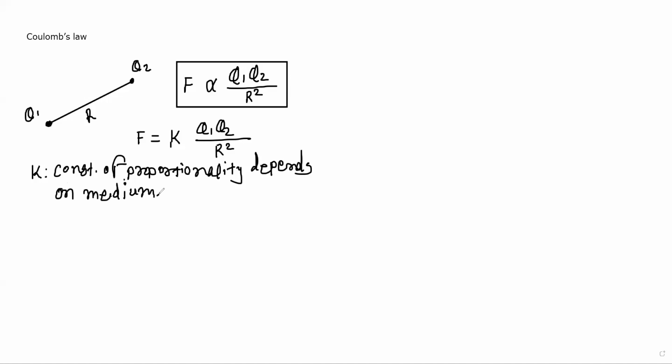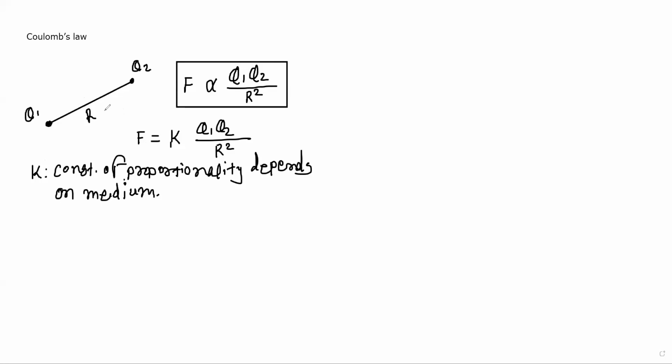I hope you understand what I'm trying to tell. So this K is actually a constant term. It will not change because the medium between those two charges will not change, and it depends upon the medium. So for a particular medium, K is a constant.